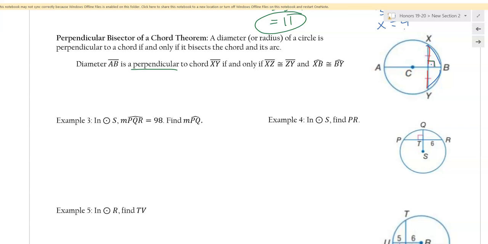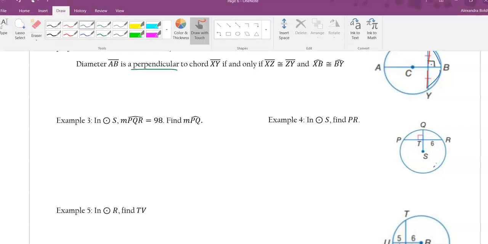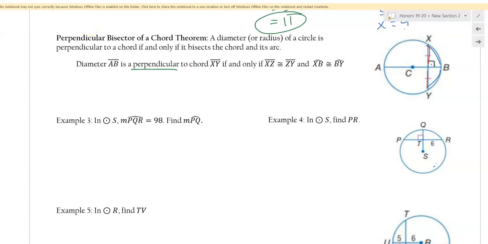So, in circle S, the measure of arc PQR equals 98. The measure of this whole thing is 98. Well, this does create a right angle. So if I want to find arc PQ, well, this is x, that's x. They're going to be the same.